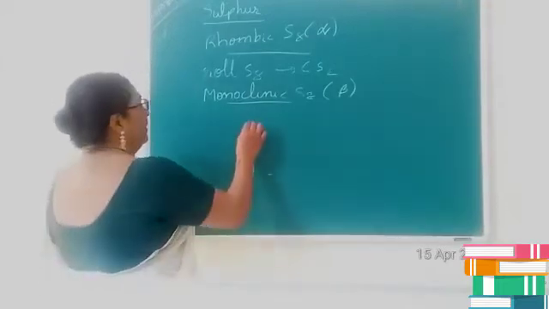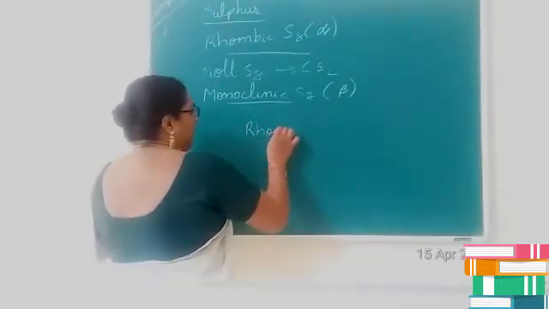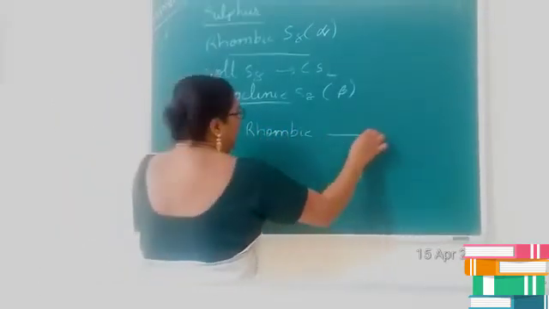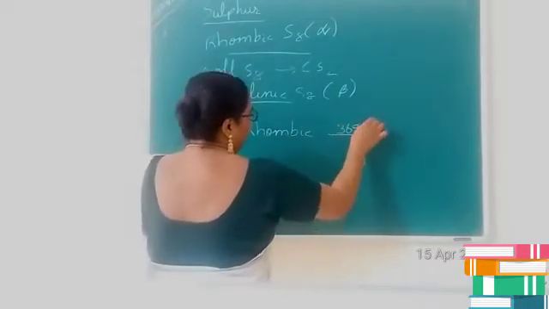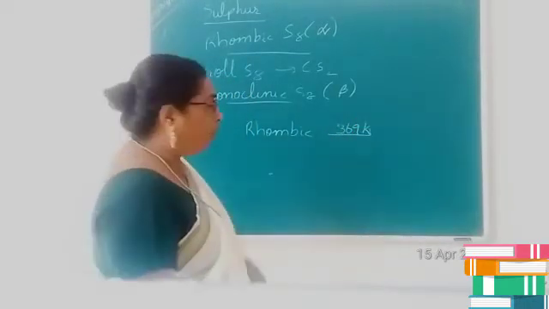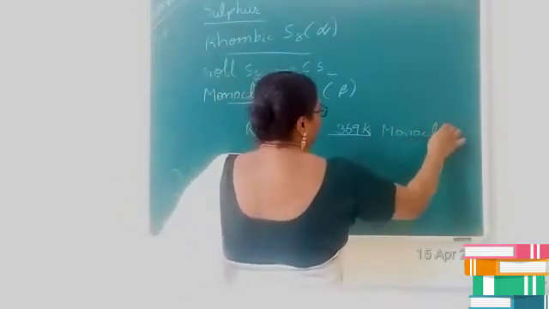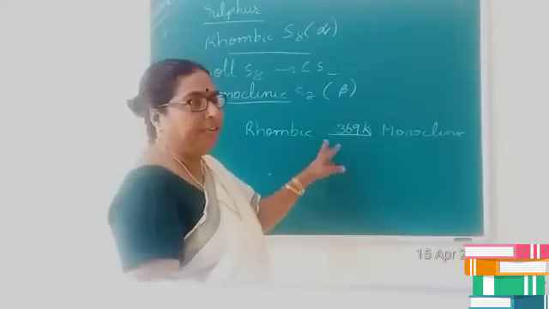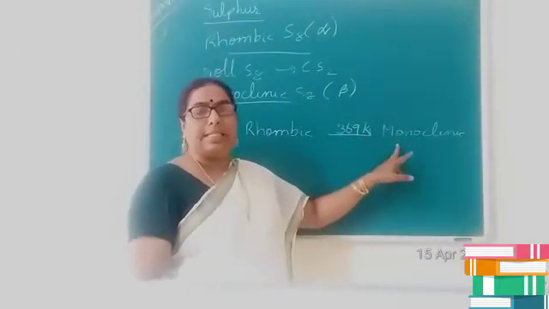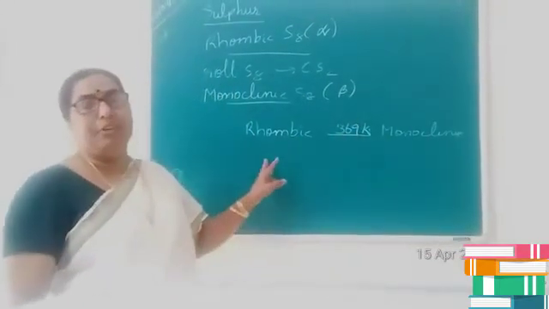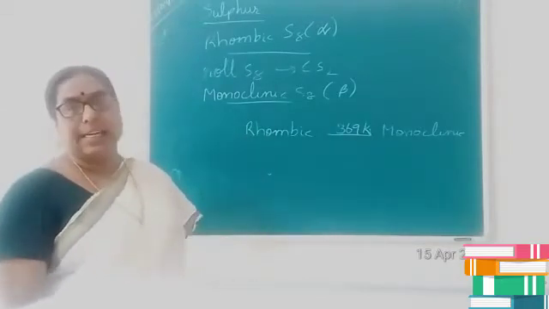Children, we can say that this rhombic sulfur will be stable till 369 Kelvin, or above 369 Kelvin it will change to monoclinic sulfur. So monoclinic sulfur is stable above 369 Kelvin and rhombic sulfur is stable below 369 Kelvin.